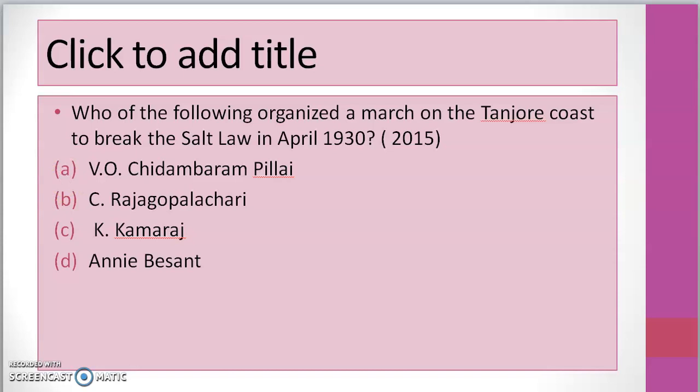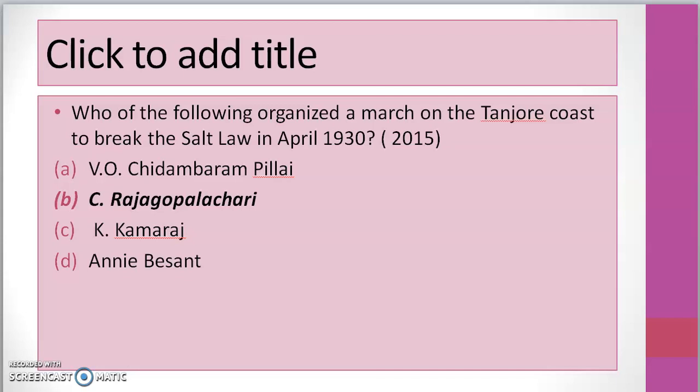So, let me tell you a few other important facts as well regarding the course of Civil Disobedience Movement. First, in Tamil Nadu, as is given in the question, in April 1930, C. Rajagopalachari organized a march from Tiruchirappalli to Vedaranyam on Tanjore coast to break the salt law.